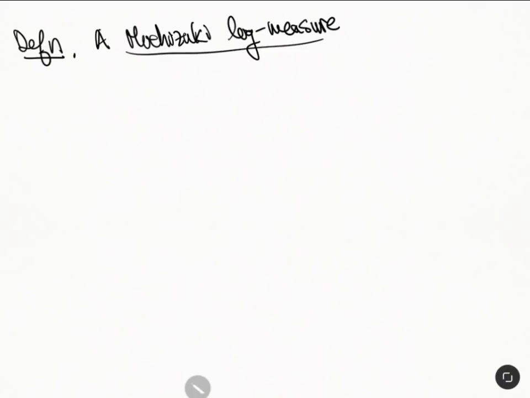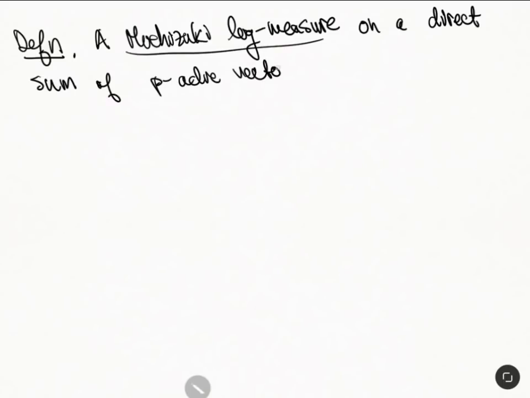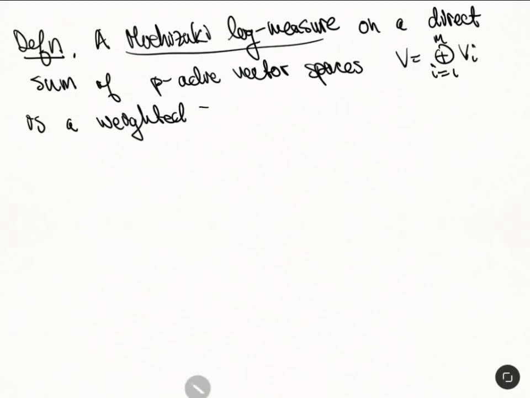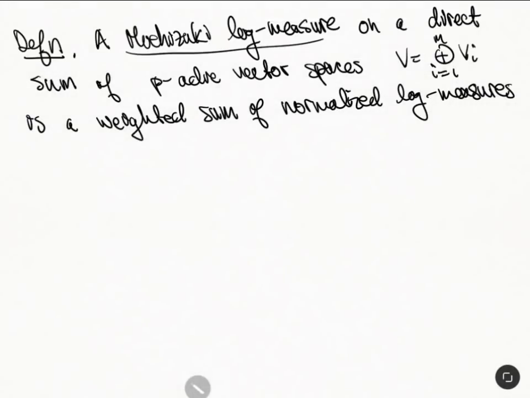So a Mochizuki log measure on a direct sum of p-adic vector spaces, let's call it V, which is the direct sum for i equal to 1 up to m of V_i, is a weighted sum of normalized log measures.